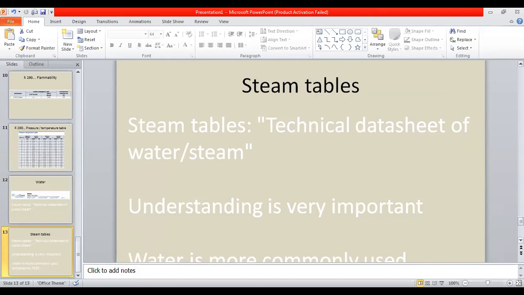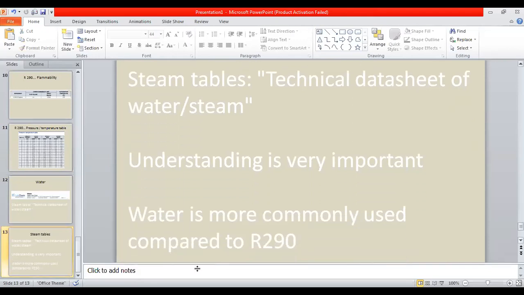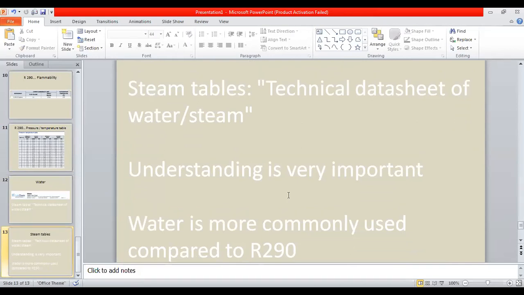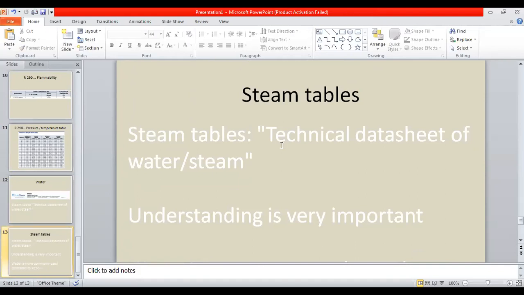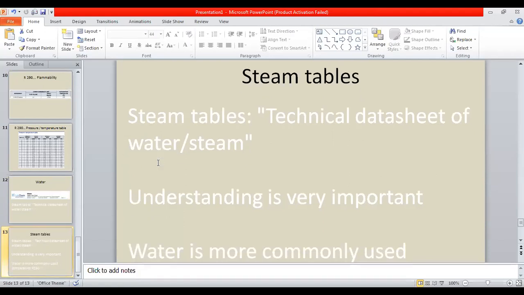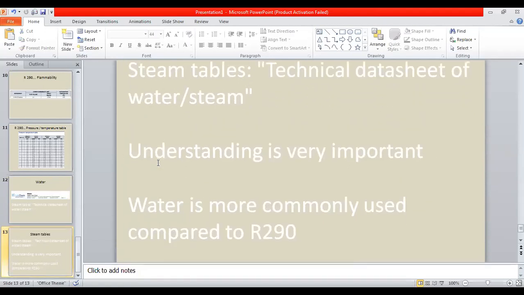So don't wait until I'm teaching you. The technical data sheets of water and steam, what we call steam tables, try to understand by yourself. The knowledge is everywhere. So you should build up your capability for self-learning. It is very important.